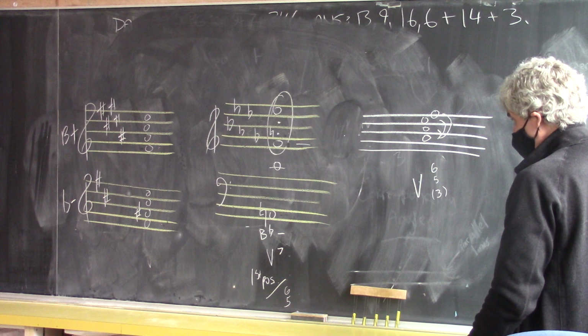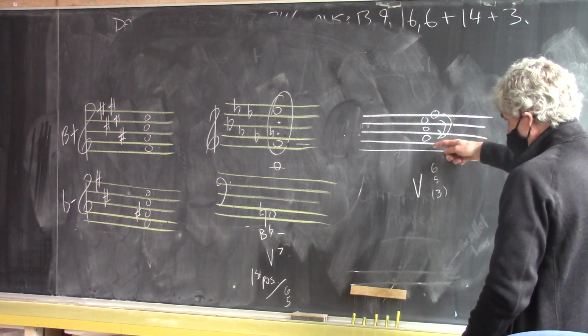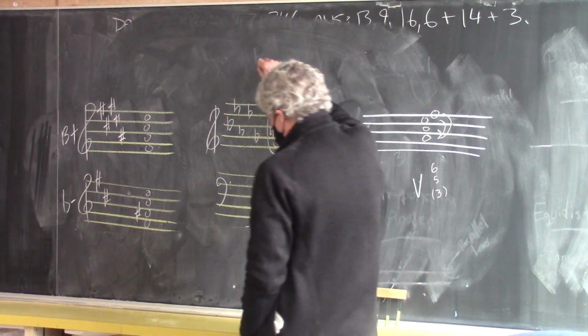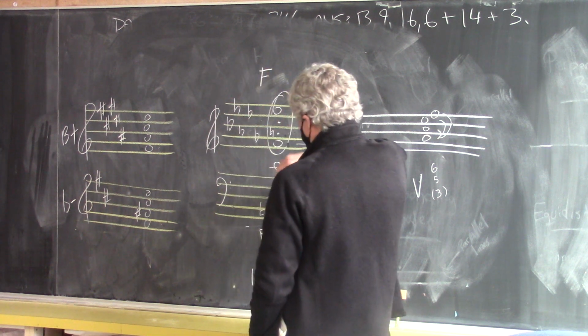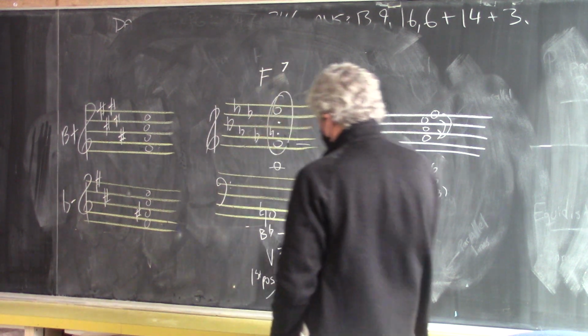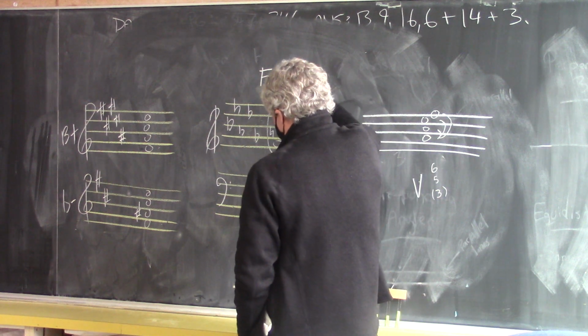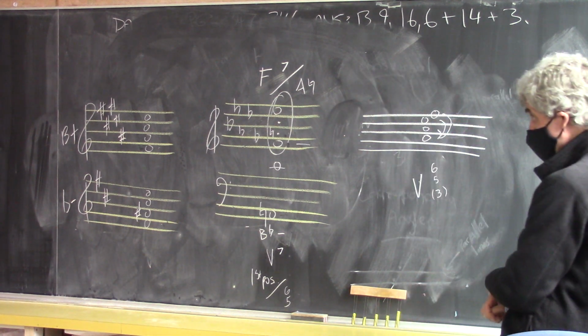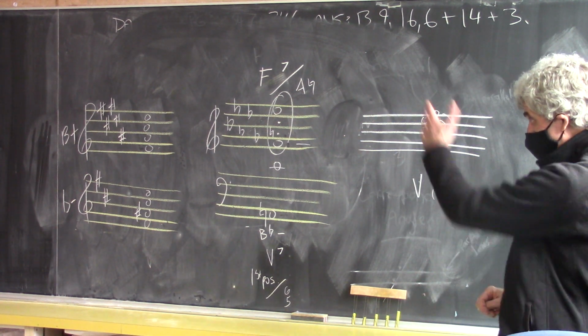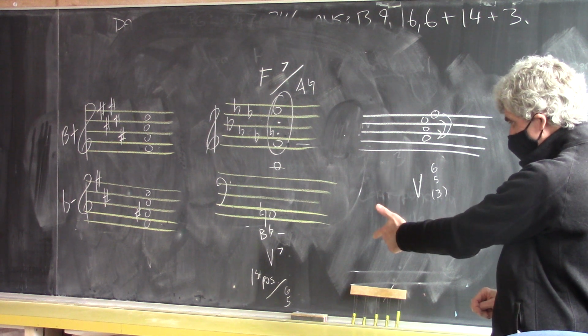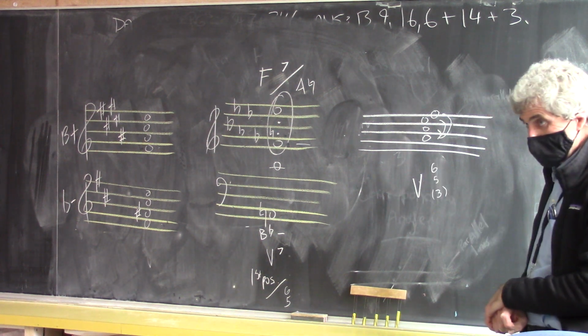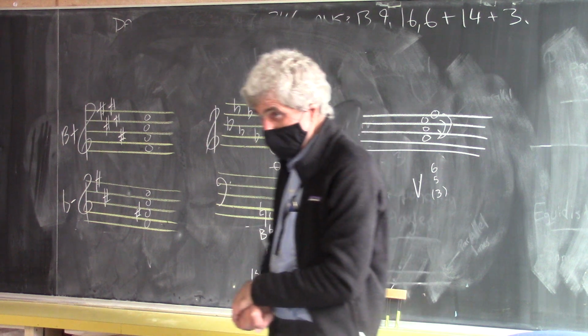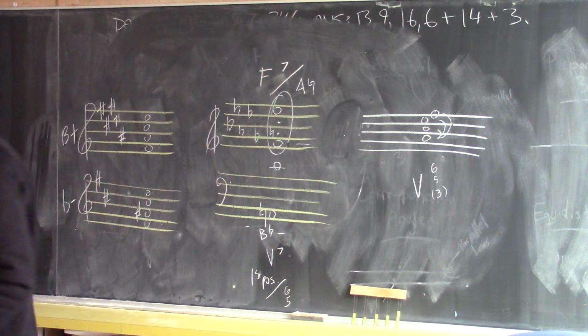So this is an F major 7th, with A natural on the bottom. So you could describe it that way, that way, that way. And they might ask you any one of those.